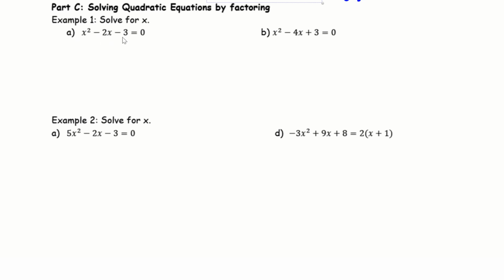So x squared minus 2x minus 3, this is 1 at front, so simple trinomial. We put x here, then we are looking for two numbers, times together equal to negative 3, add together is negative 2. So 3 is a prime number, so you only have 1 and 3.